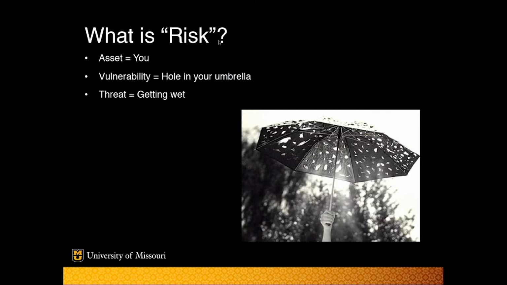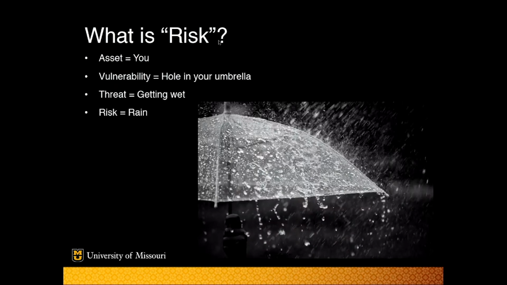So what lies at the intersection? You don't want to get wet, but you have holes in your umbrella. What can happen if you go outside with a holey umbrella? You could get wet. Why? Because it could rain, right? The risk is rain. You see where I'm going with this.